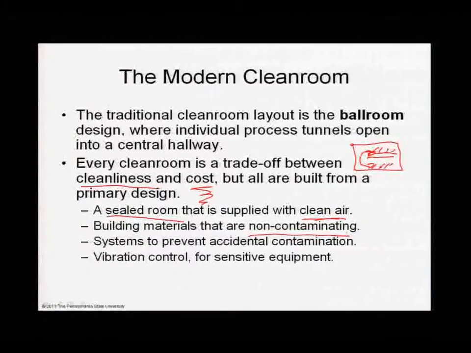Everything is designed so that the facility, the clean room, doesn't contribute to any kind of accidental contamination. And then, of course, you need to think about vibration, because we have those blowers, and you have to make sure that there's vibration control so that you don't have things shaking. Here you are trying to make something at a nanoscale, and the amplitude of the vibration is well above that. And so you have to give considerable thought to vibration issues.